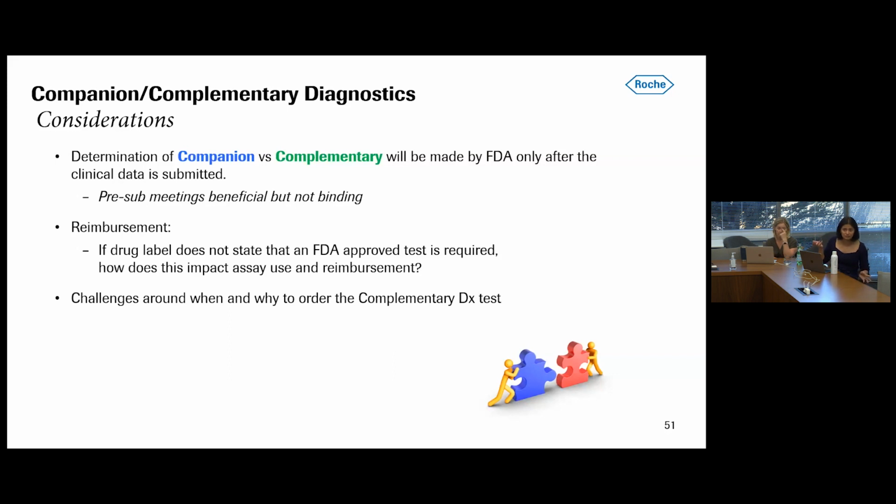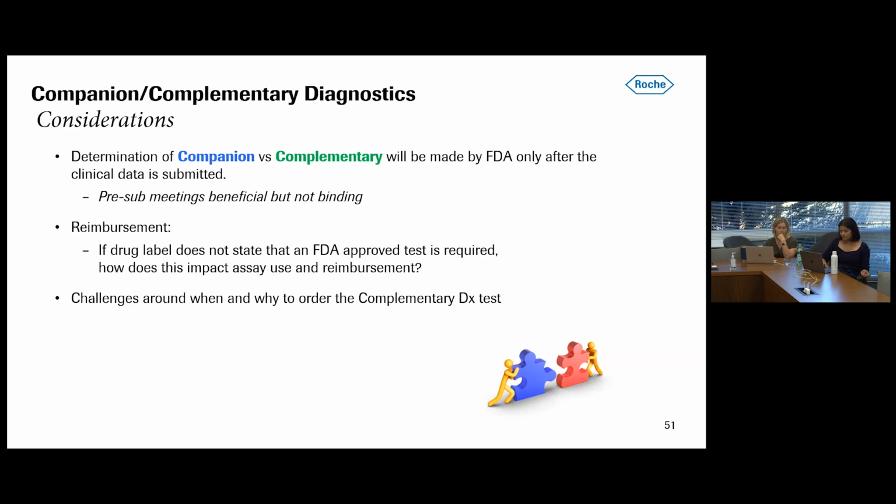And one thing to point out here is, the path that you take for companion complementary with the FDA is also very similar with the European health authorities, for example, and it can help you during price negotiations.